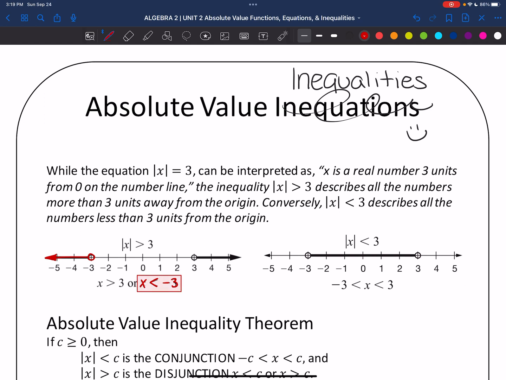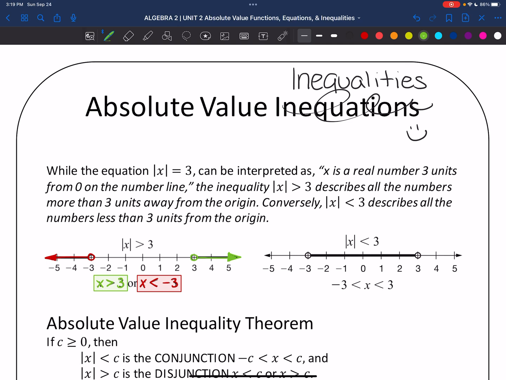But also, because we're talking about all the numbers that are more than 3 units away from the origin, there is also this portion of numbers on our number line picking up right after 3, where x is greater than 3. These are also solutions because they represent numbers that are greater than 3 units away from the origin.